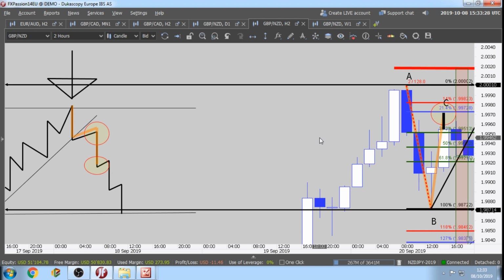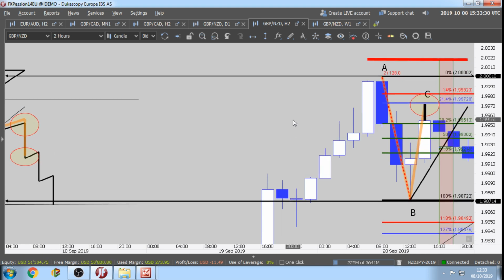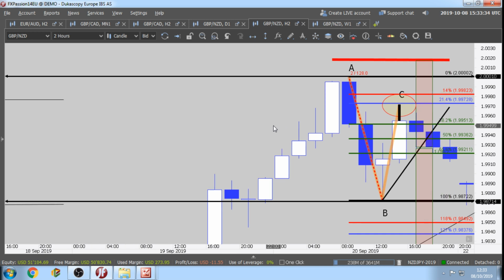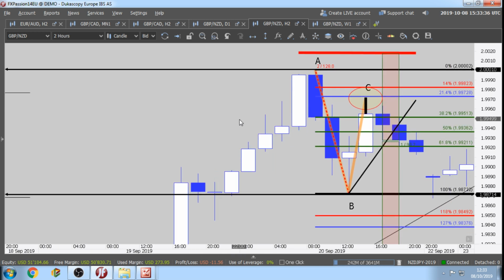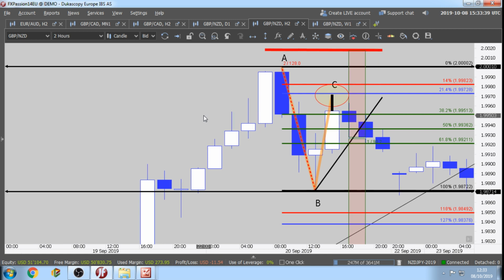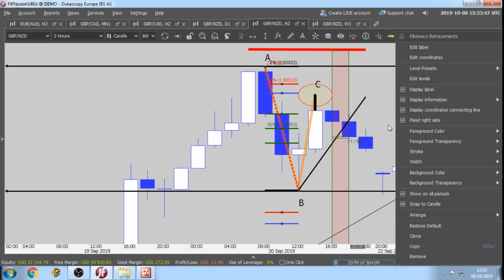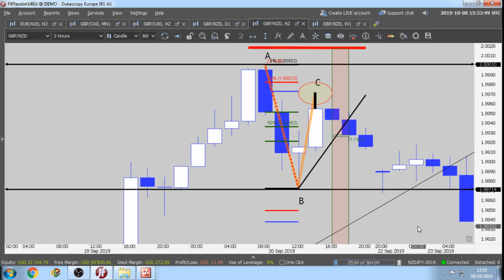Nonetheless, we're going to short the market. There you go. We shorted the market, and let's see, the market was falling, moving up, sideways, right? There you go. And the market is still falling.